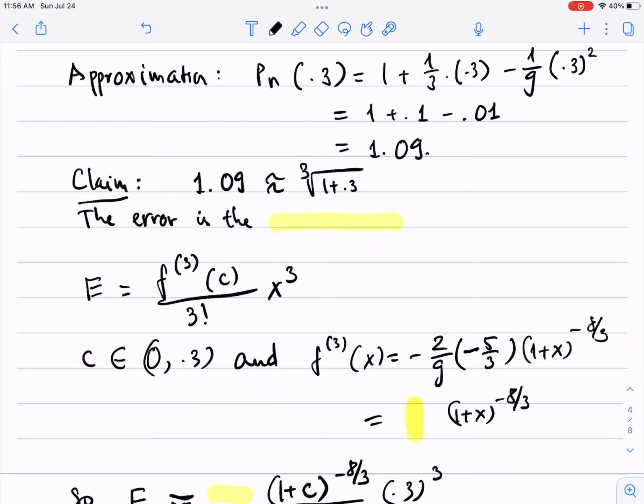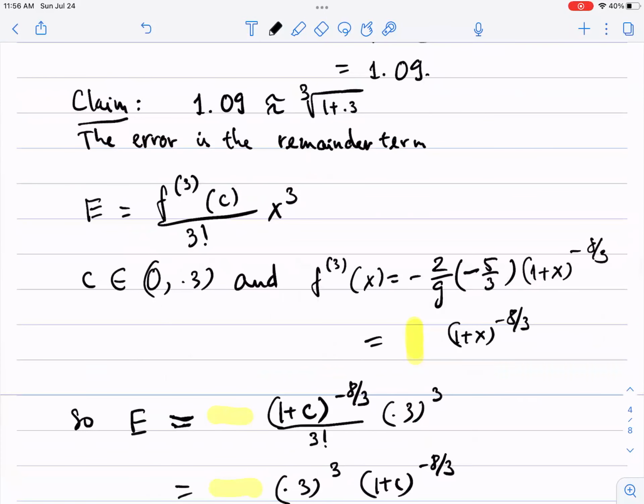Why? Because of the error, which is the remainder term, written here: the third derivative of the function evaluated at some point c, divided by 3 factorial, times x cubed.